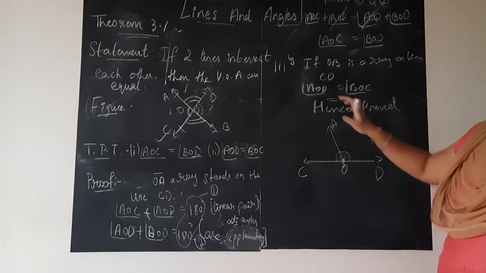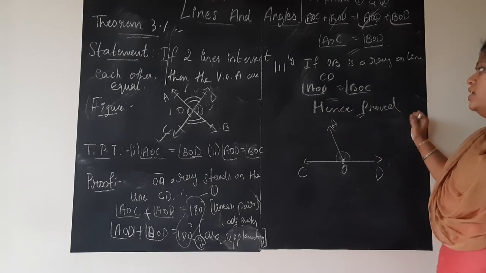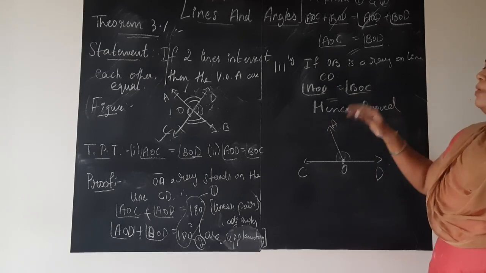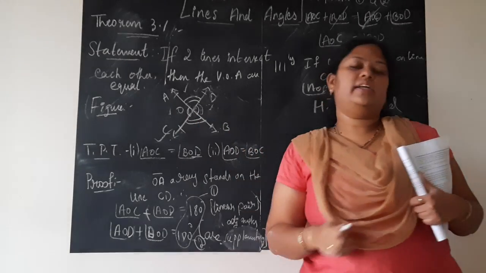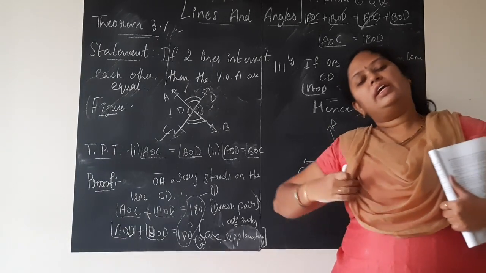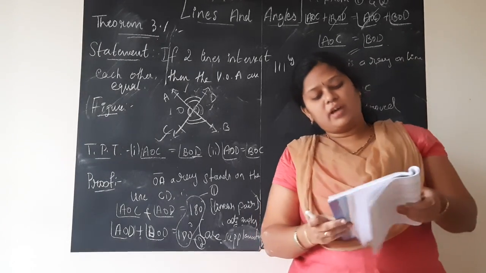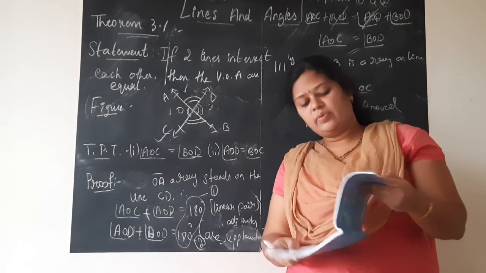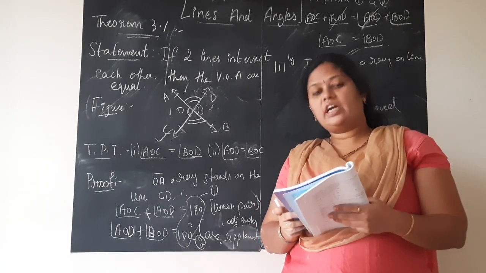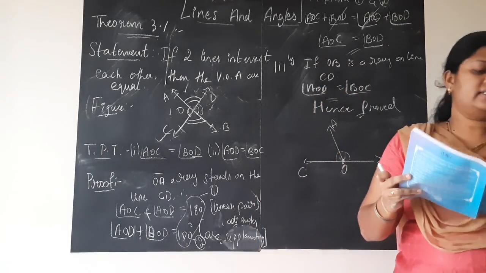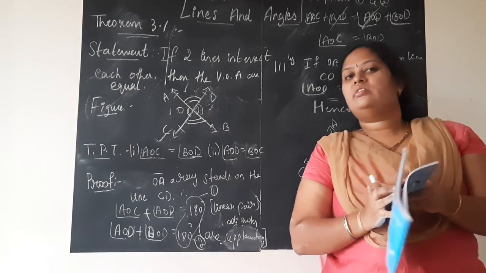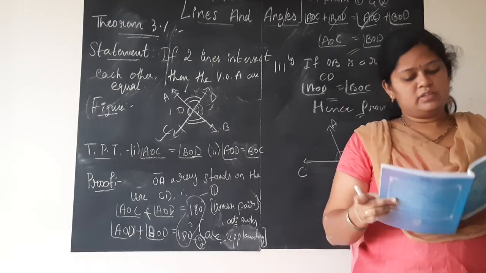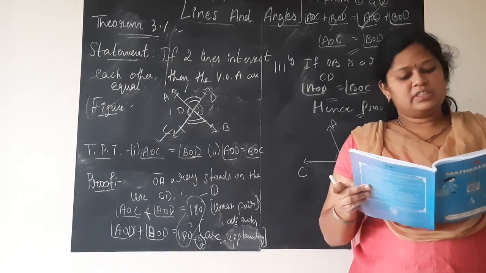So I hope you will do it. When you do so, you will get AOD is equal to BOC. Hence we proved that if two lines intersect each other, then the pair of vertically opposite angles so formed are equal. That is about theorem 3.1. Next we should start with the first exercise, exercise 3.1, based on these axioms, theorems and concepts. We have 6 problems.